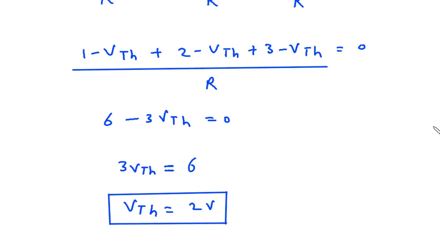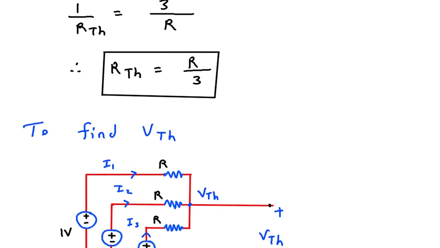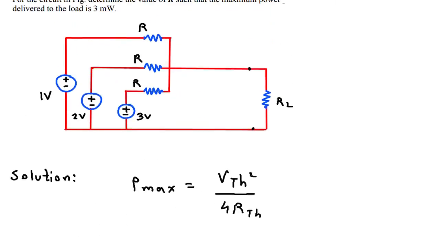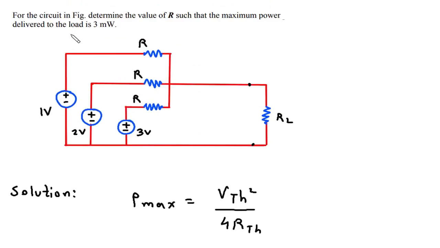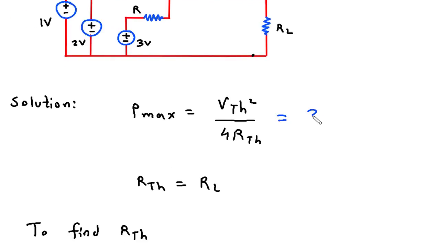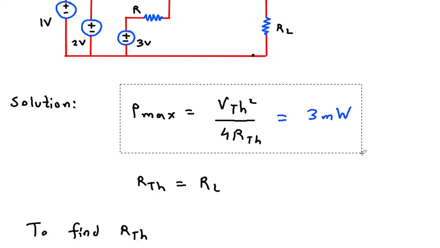Now we have the value of VTH and RTH. Also we have the value of maximum power delivered to the load, which is 3 milliwatt. Now we will substitute all the values.